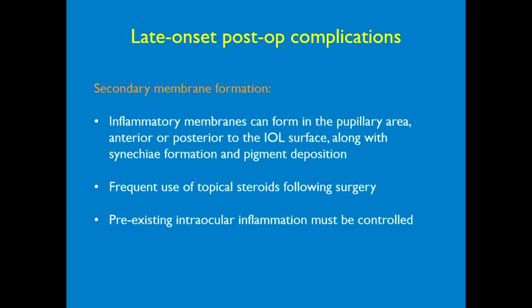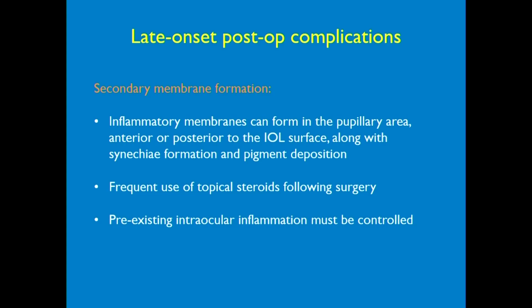Coming to secondary membrane formations, now these can happen even after you have done a PPC and AV. These can occur due to inflammation. So inflammatory membranes can form in the pupillary area, which can grow either on the anterior or on the posterior surface of the IOL. To reduce the chance of this, you make sure that you are using an optimal dose of steroids. One of the flaws of the IATS study, which we quote so often, is that in IATS, the Predforte dosage was how much, fellows?